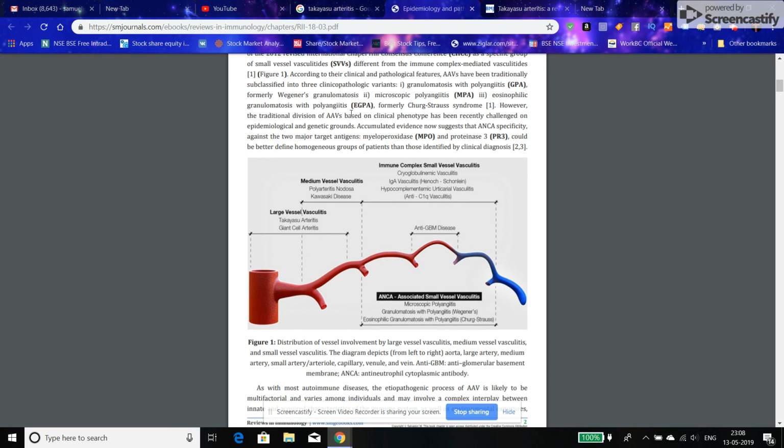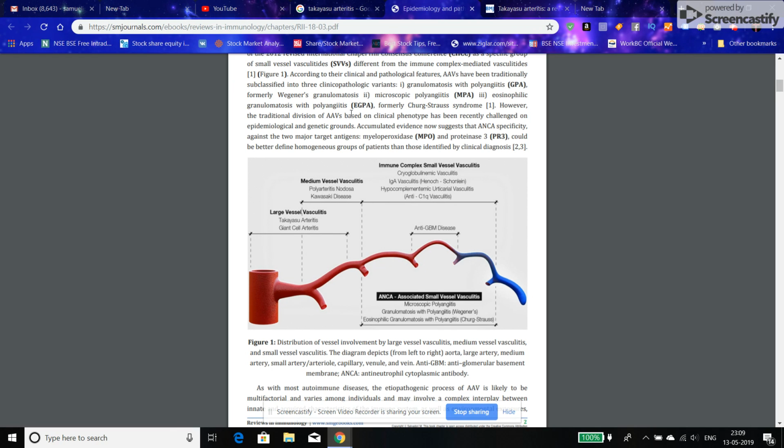The antibodies against these two constitute the ANCA, antineutrophil cytoplasmic antibodies, and also anti-GBM antibodies, which is nothing but anti-glomerular basement membrane antibodies, which is seen in Goodpasture syndrome, in which we see lesions in the lungs and the kidneys.